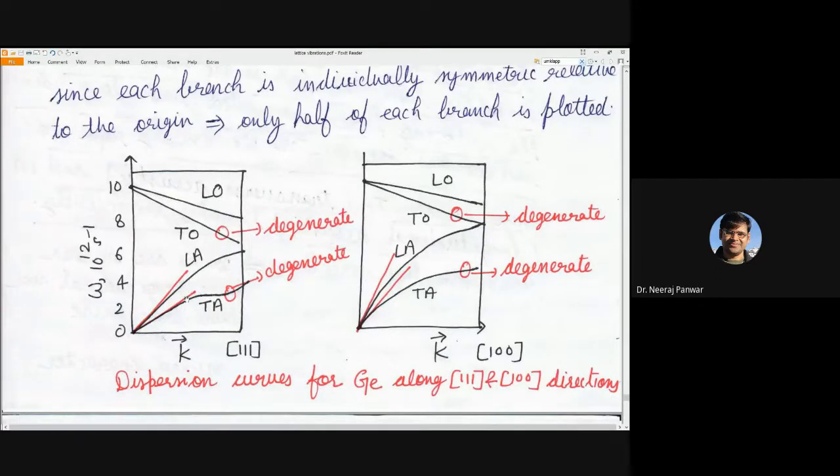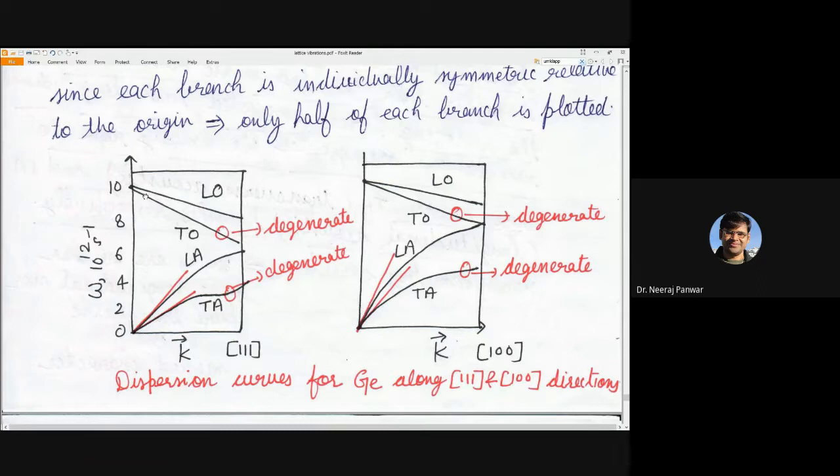So in the acoustic branch, the lower one, you have transverse acoustic and longitudinal acoustic, and in the optic branch we have transverse optic, which are degenerate, and longitudinal optic.